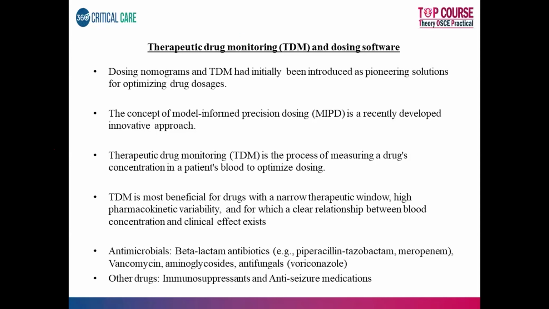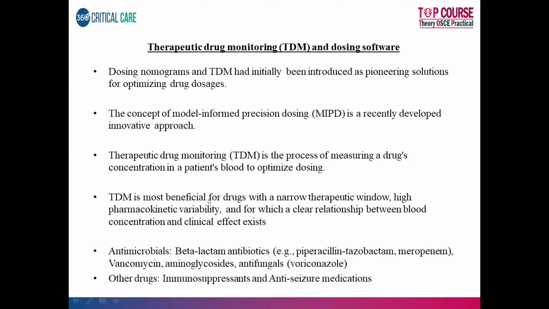Now, the third measure for appropriate antibiotic dosing and to prevent side effects is therapeutic drug monitoring and dosing software. Dosing nomograms and therapeutic drug monitoring had initially been introduced as pioneering solutions for optimizing drug dosages. First we'll discuss therapeutic drug monitoring, and second we will discuss nomograms or the use of AI here. Therapeutic drug monitoring is the process of measuring a drug's concentration in a patient's blood to optimize the dosing.